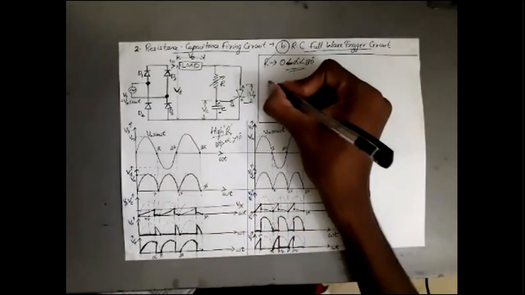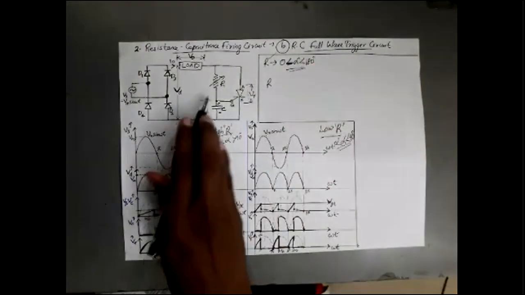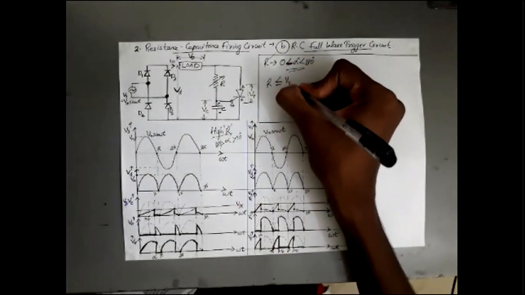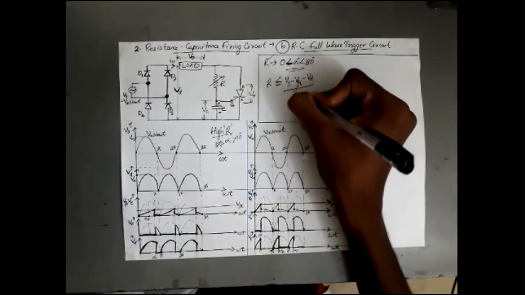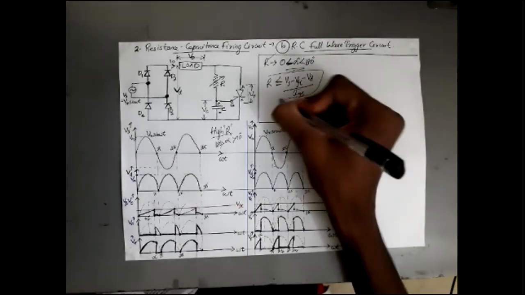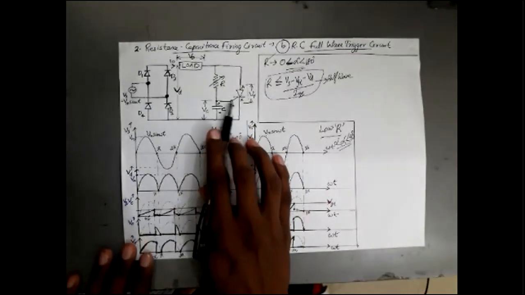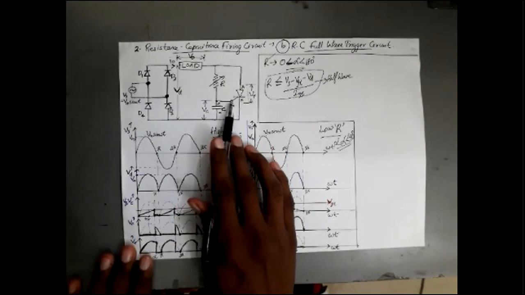And in the previous case, we know that this R value should be less than or equal to Vs minus Vgt minus Vd divided by Igt in the case of half wave. But in full wave, we don't have a diode in this section. This capacitor is connected to the gate to cathode terminal in the absence of a diode for the full wave trigger circuit.